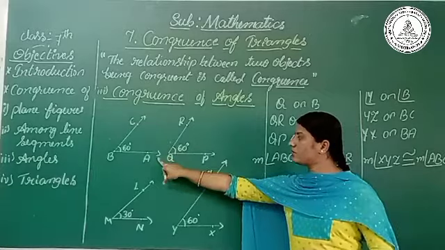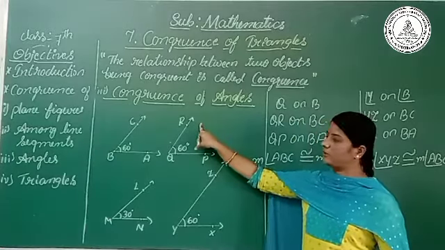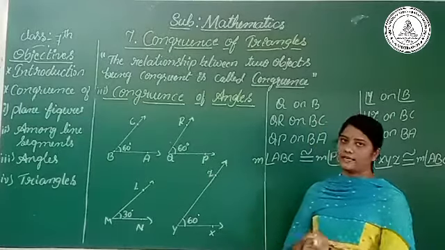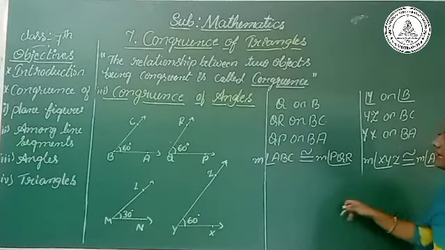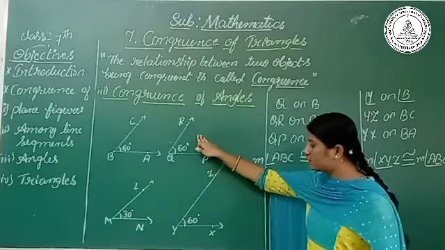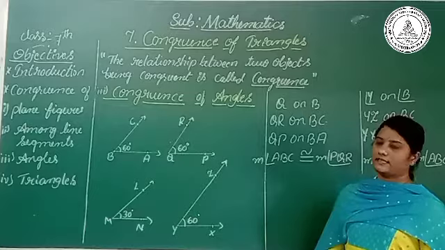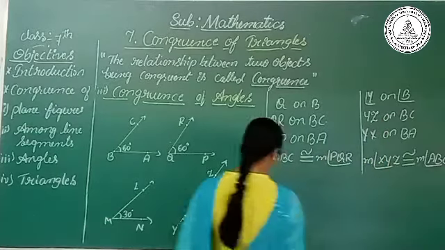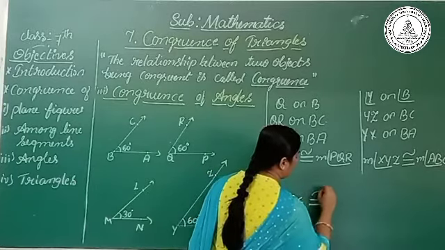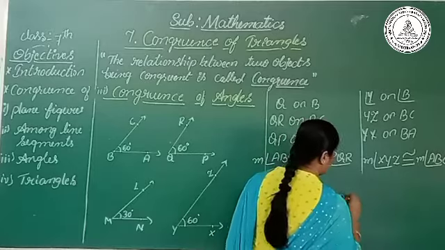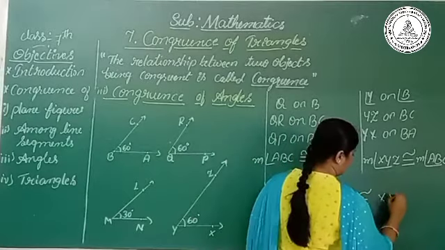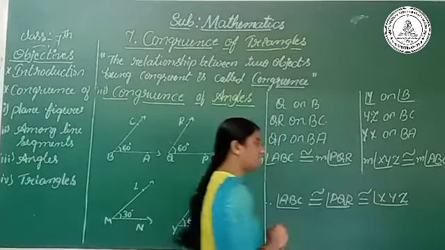The measure of angle ABC is congruent to the measure of angle PQR, and angle ABC is congruent to angle XYZ. Therefore we can write it as angle ABC is congruent to angle PQR and also congruent to angle XYZ.